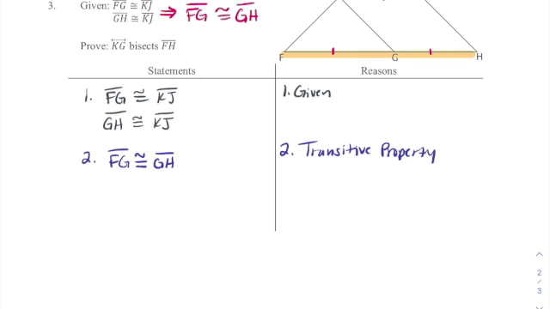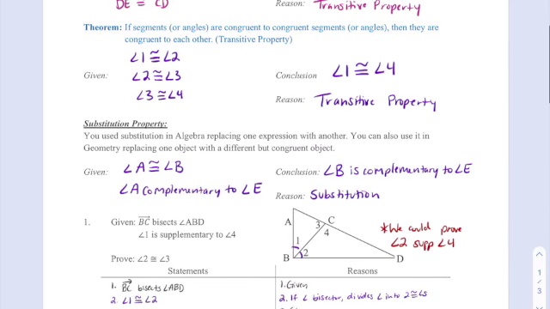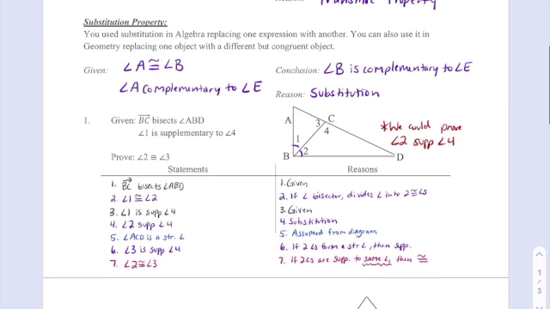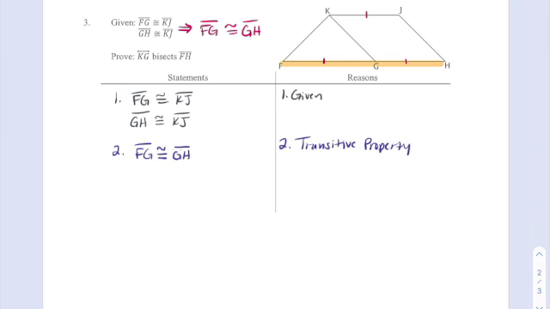But transitive property is nice because it also works like we saw in our example above when I have a whole chain of more than one that would take multiple steps if we're using substitution. So if you are saying congruent angles or segments and connecting them, always use transitive property. If you're just replacing an angle or a segment into a different statement, like complementary or supplementary statements, use substitution. So that will help delineate them here.